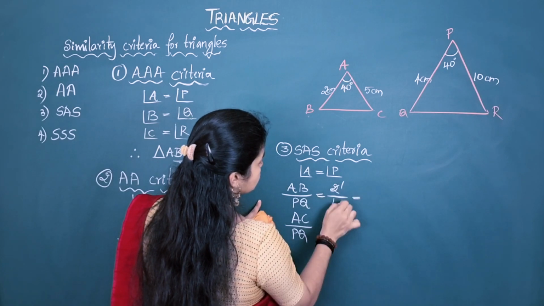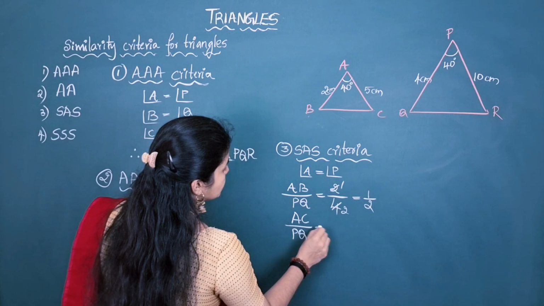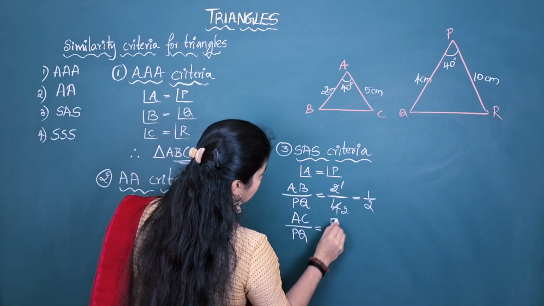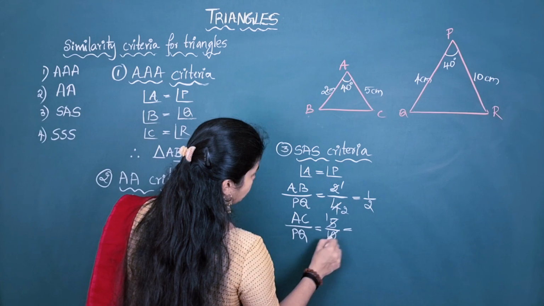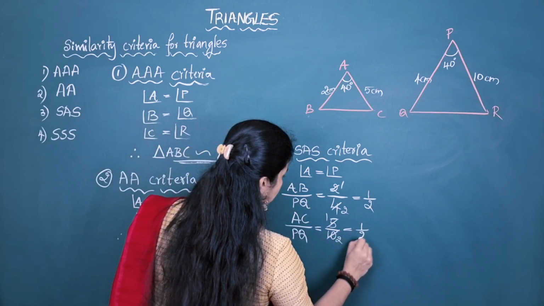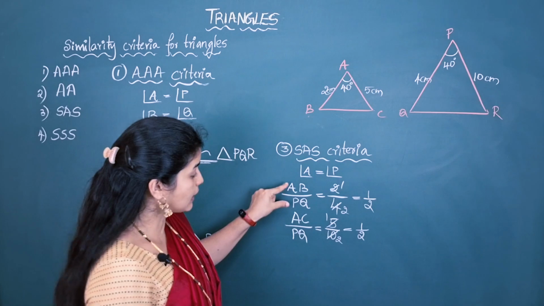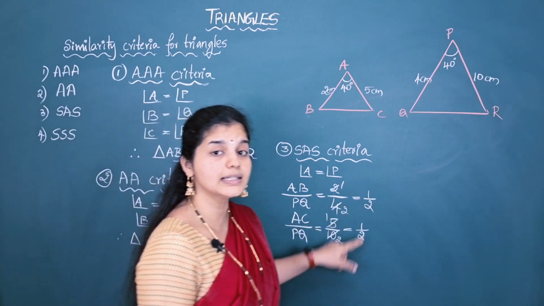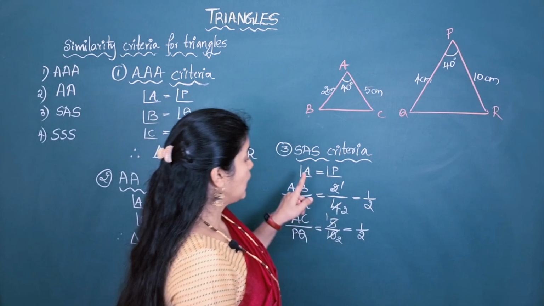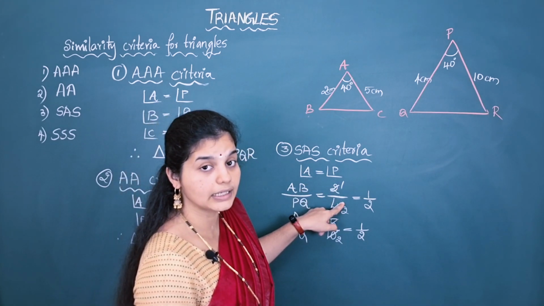So 2 ones are 2, 2 twos are 4, the ratio is 1 by 2. AC is 5 centimeter and PR is 10 centimeter. 5 ones are 5, 5 twos are 10, so 1 by 2. So what you see, the ratio of corresponding sides of the two triangles are same, and the angles which are present between those two sides are equal.